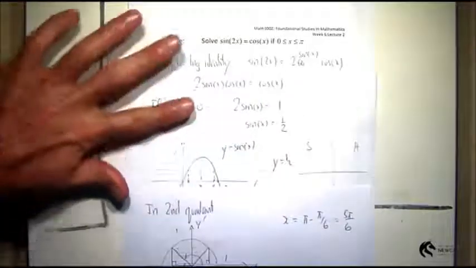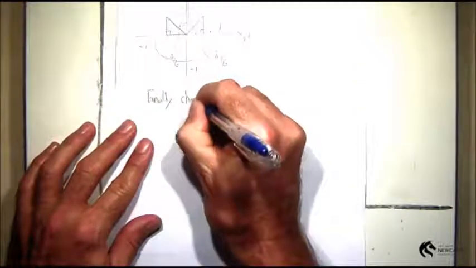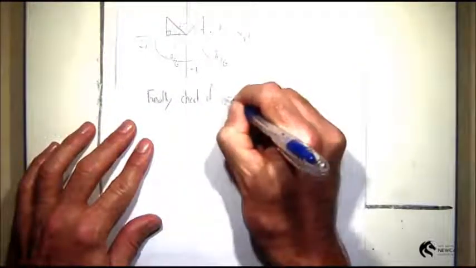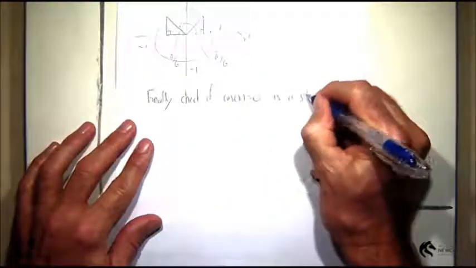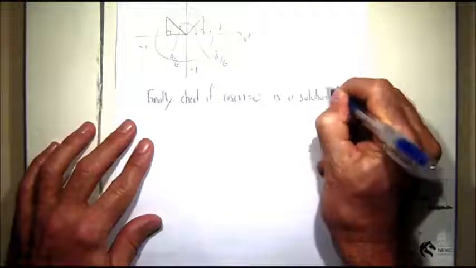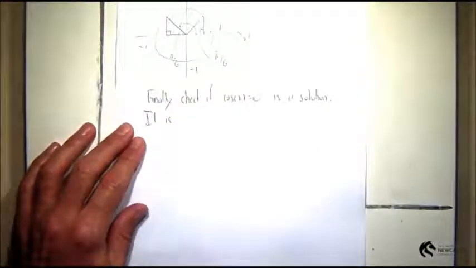And so when I did that, I actually excluded that one solution. So I need to go back. I said, finally, check if cos x equals 0 is a solution. In this case, it is. And so I get a third answer.